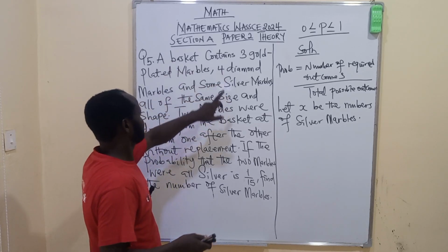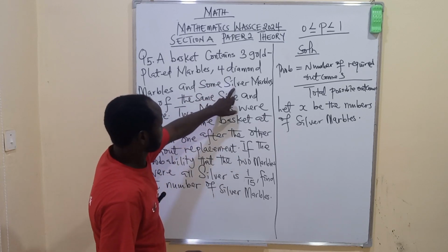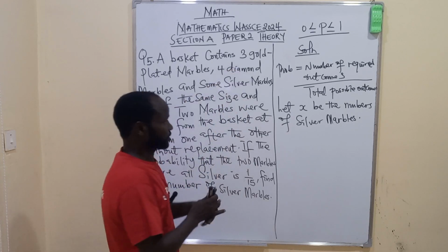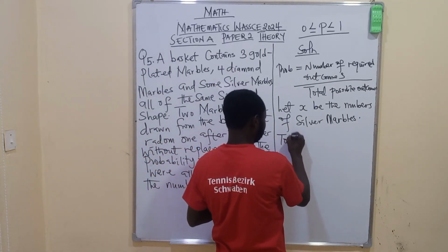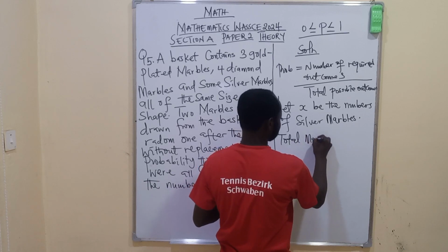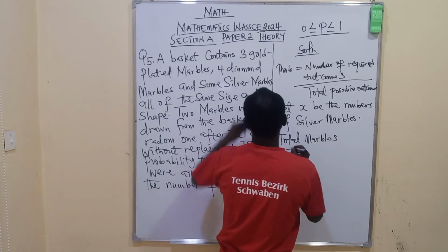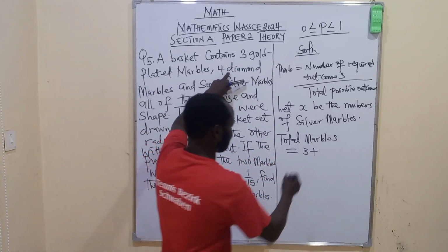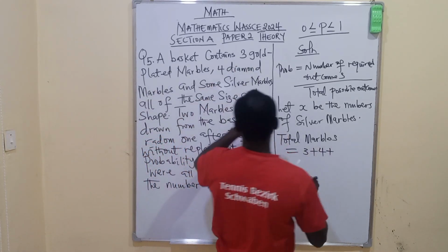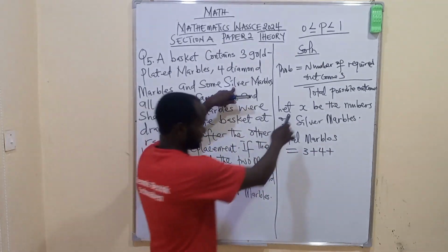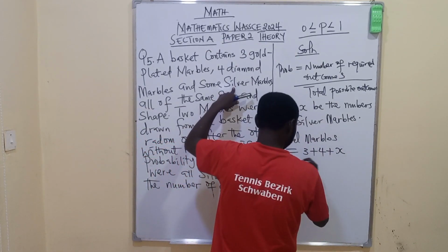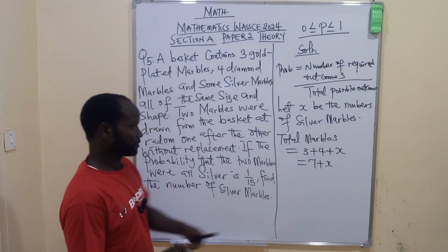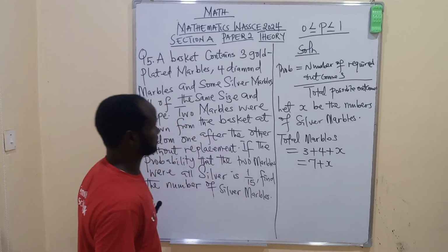Total marbles in the basket equals 3 gold, plus 4 diamond, plus x silver, which is 7 plus x. So the total possible outcome is 7 plus x.